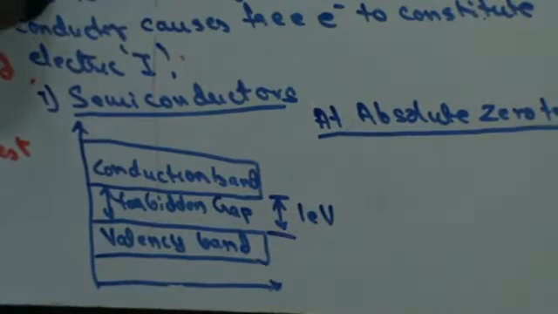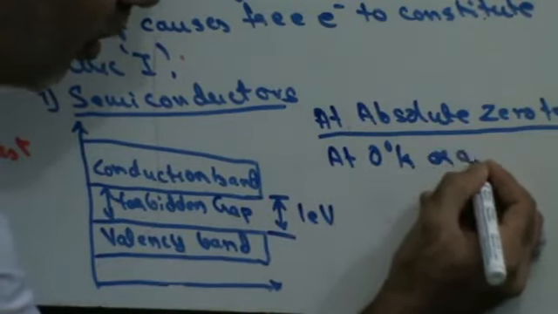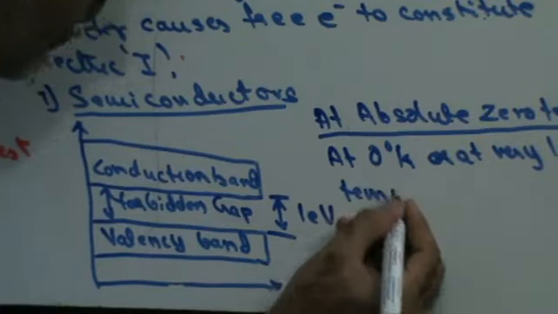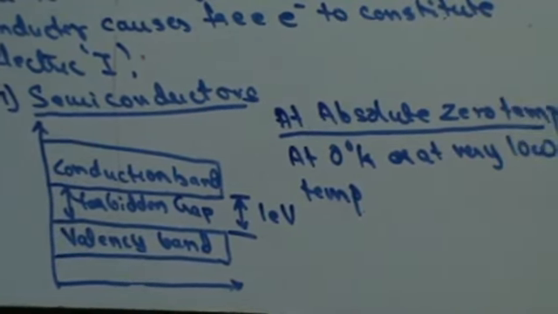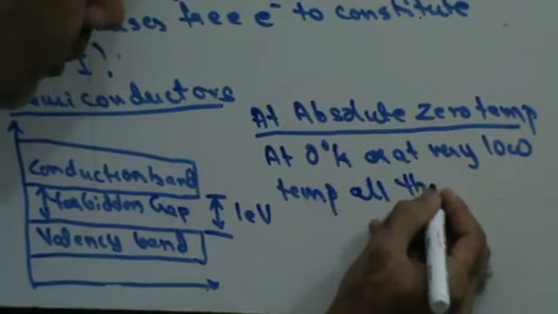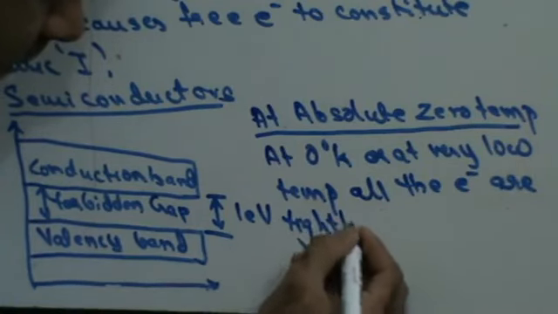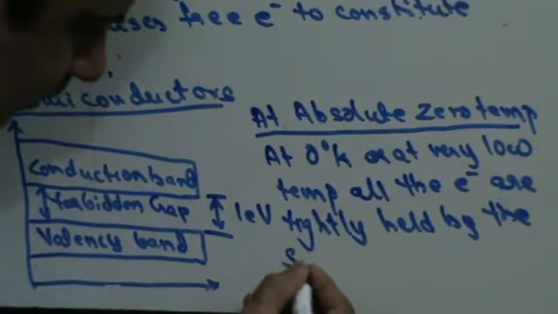At absolute zero temperature, that is at 0 degree Kelvin, or at very low temperature, all the electrons are tightly held by the semiconductor atoms.